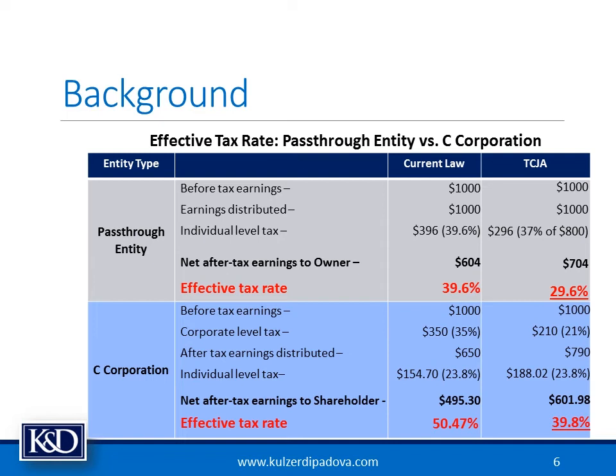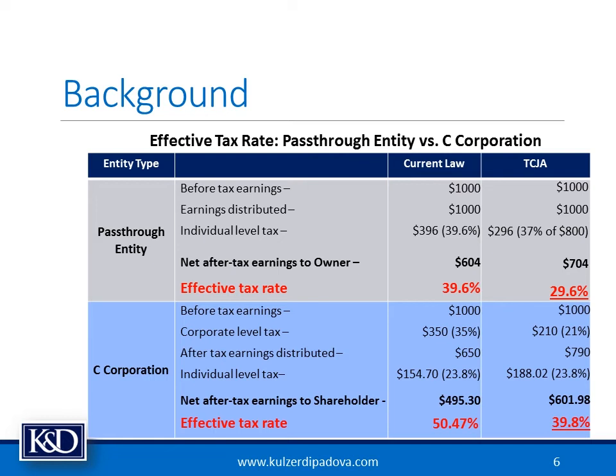If you go over to the right, under the Tax Cuts and Jobs Act, for C Corps, as we all know, they cut the corporate rate to 21%. Combined with that 23.8% dividend rate, the effective tax rate on C Corp earnings was reduced to 39.8%. So if nothing else were changed, it would essentially be the same rate on C Corp income as compared to pass-through income, and a lot of people had a problem with that.